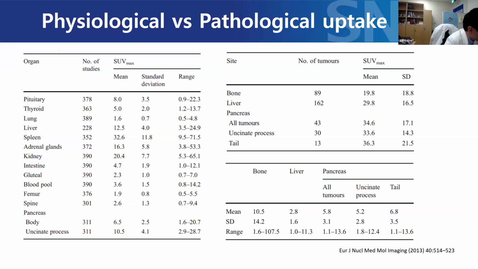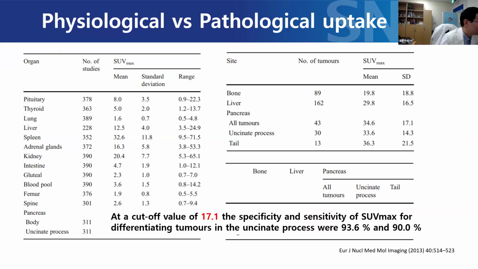So this case underscores the pitfall of relying solely on the SUV or uptake for the diagnosis of neuroendocrine tumor in such a location, which can lead to misdiagnosis. Some authors have suggested that using an SUV cutoff or head-to-liver uptake ratio can be helpful for differentiating a true tumor from normal uptake.